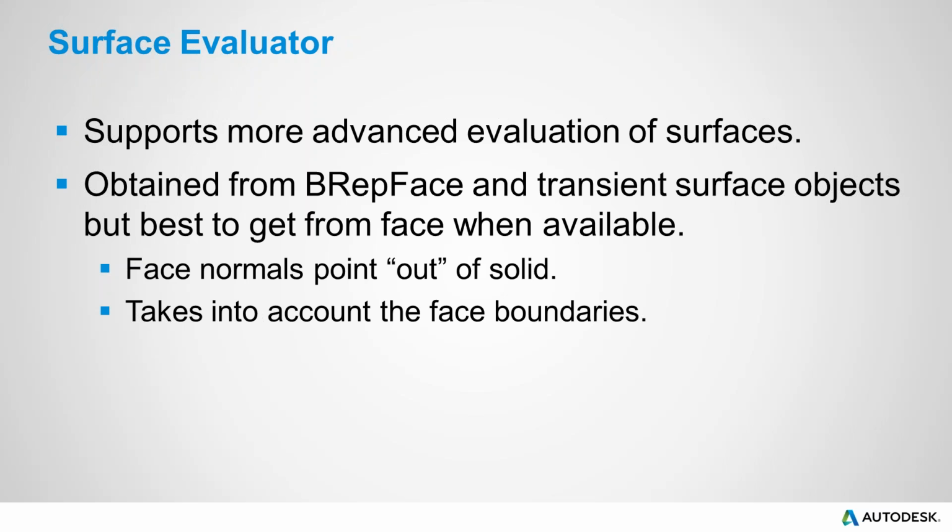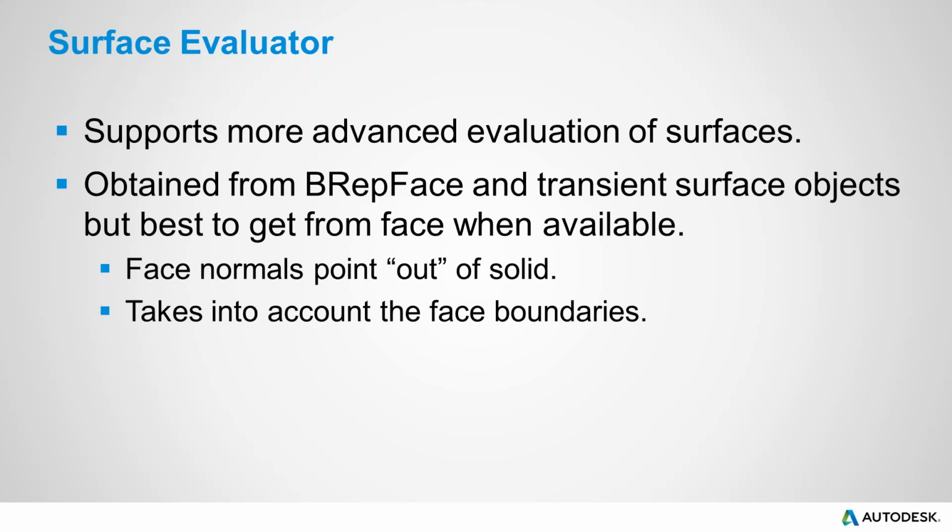So when I ask for normals from that face, they'll always point out of the solid. And it also takes into account the boundaries of that face. So it knows that there are two lines on the edge and two arcs on the top and bottom that define the limits of that face, and it's able to take those into account.